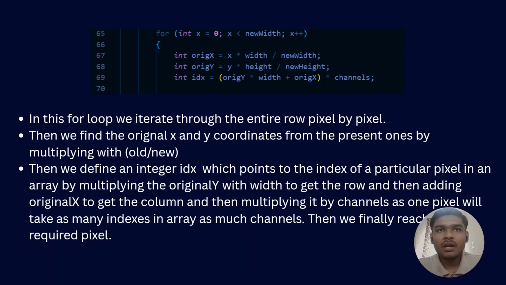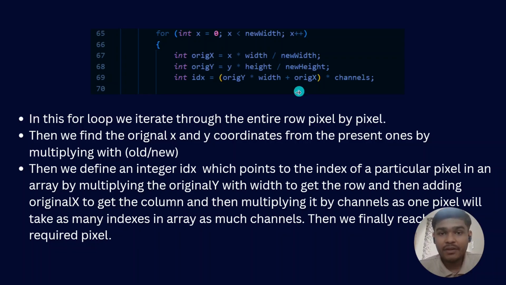So if we need to go to the third row, we skip that many pixels, because we are using a 1D array as our library inputs in that format only. Then, in that row, we add the original x coordinate, which gives us the column number of that pixel.